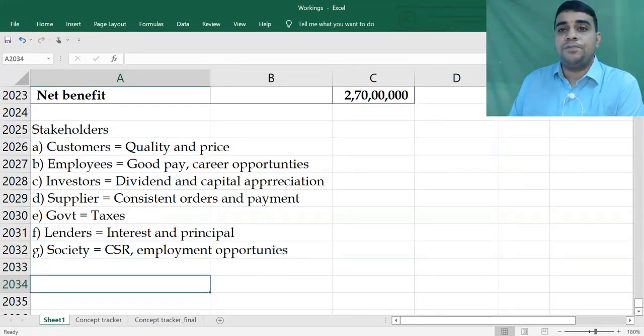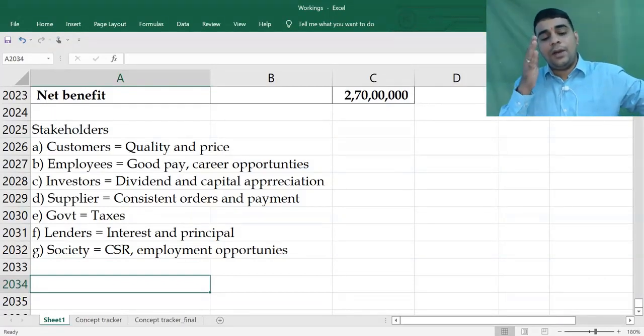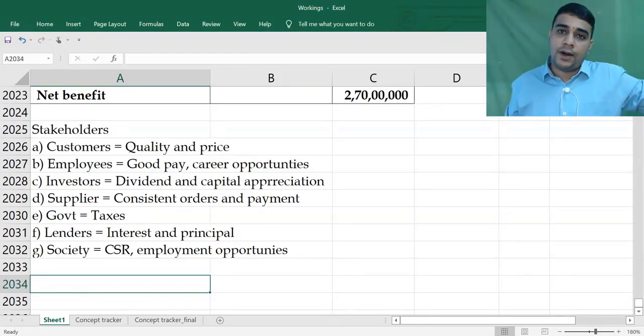Another issue is that the requirements of the stakeholders are such that the requirement of an investor would have a conflict with the requirement of a customer. How does it have a conflict? Investor wants healthy returns. Customer wants a good quality product at an affordable price. So if you want to increase the returns, you may try to increase the price of the product.